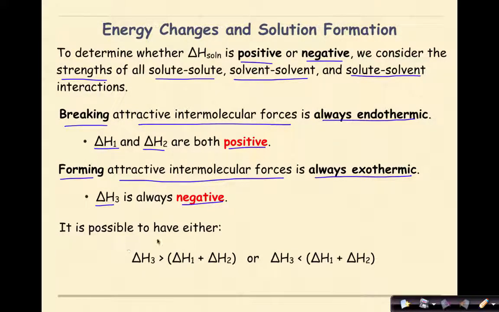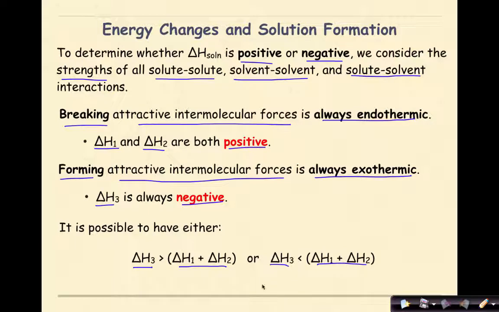It is possible to have either the situation where the heat released in forming attractive forces, delta H3, is greater than the heat required for breaking attractive forces, delta H1 and delta H2, or the situation where delta H3, the forming of attractive forces, is less than the breaking of the attractive forces for delta H1 and delta H2.